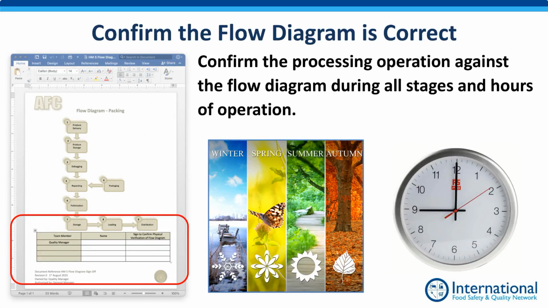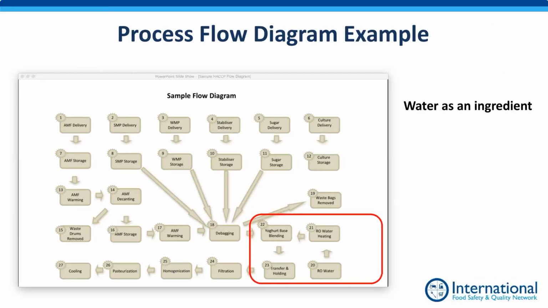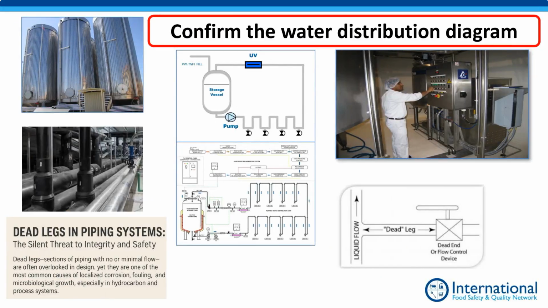I just want to mention briefly, we've got water as an ingredient here, and your flow diagram can be assisted with a water distribution diagram for the site. This is especially important when water is used as an ingredient.